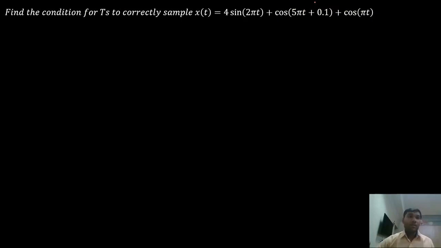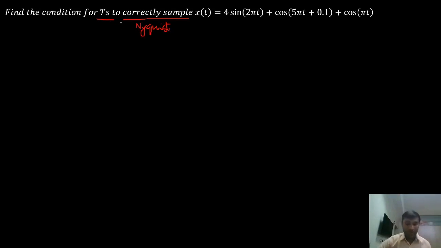Then one more question: how to find the condition for sampling interval? Find the condition for sampling interval to correctly sample x of t. Correctly sample is nothing but the Nyquist sampling rate, or Nyquist sampling interval.